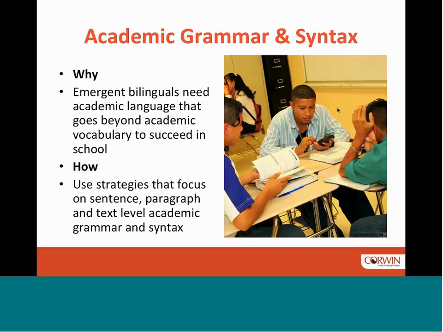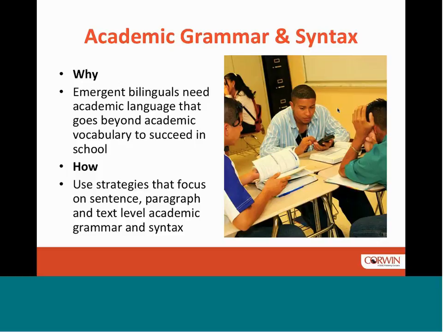So we would say that emergent bilinguals need academic language that goes beyond academic vocabulary to succeed in school. Academic vocabulary, as you'll learn in the next talk, is extremely important, but we also need to help our students move beyond that.